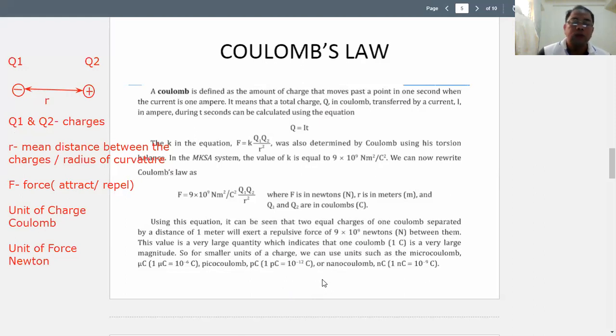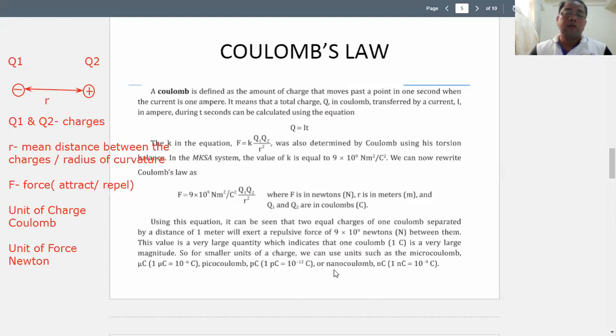So usually the value of our charge, guys, is not in Coulomb directly, but we use a prefix, micro. So commonly our charges are in micro Coulomb or pico Coulomb, and maybe you could also have nano.